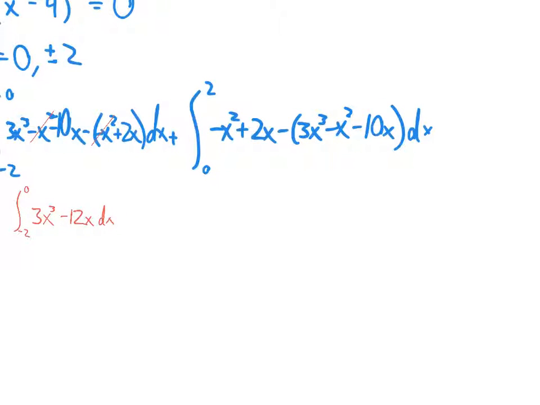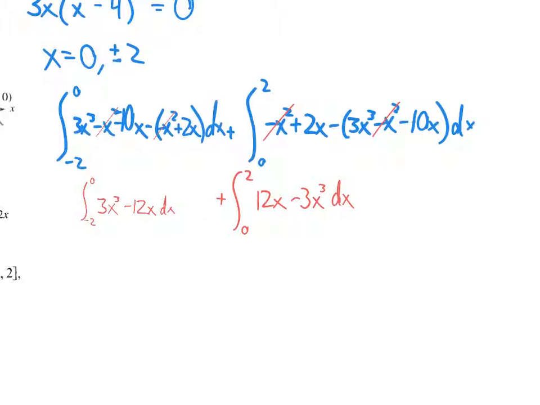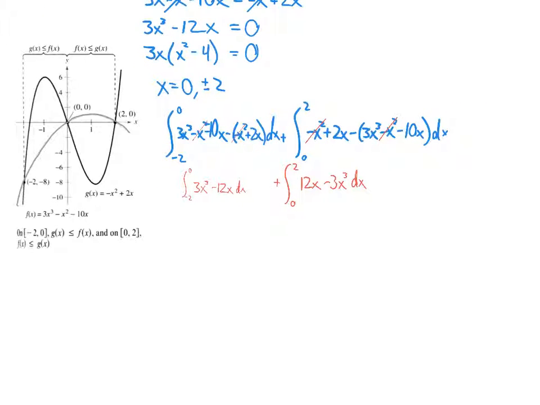And here, again, we have a negative x squared minus a negative x squared. Those cancel out. And here we have a 12x minus 3x cubed. By the way, since all we did was reverse the subtraction, it should end up being the same thing, just opposites. Okay? And then you guys can carry on from there.